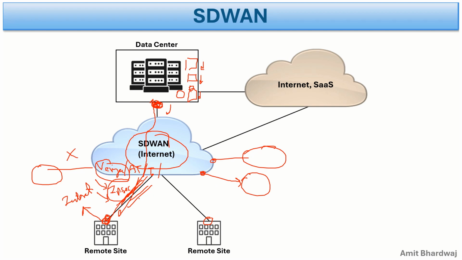Another important aspect is the orchestrator in SD-WAN. Let us say we want to make some change on all the remote sites. Via the orchestrator, by the push of a button, the configuration can be pushed to all the devices, and you don't need to log into each and every CPE of the remote sites to perform the configuration.